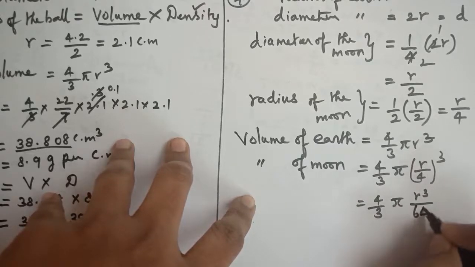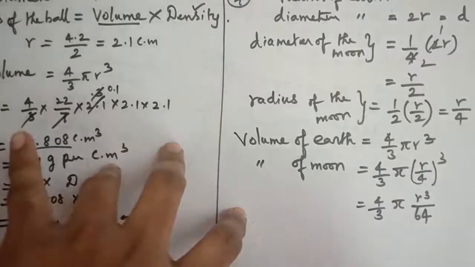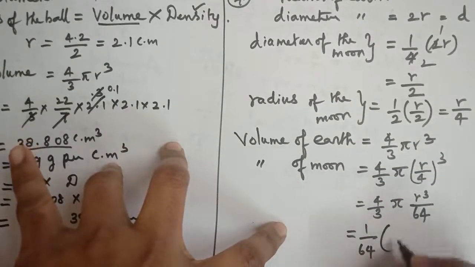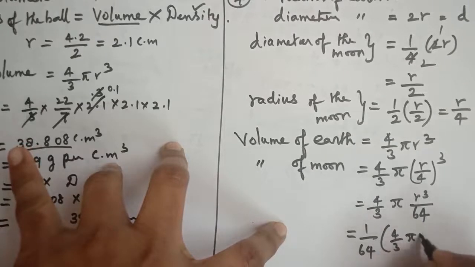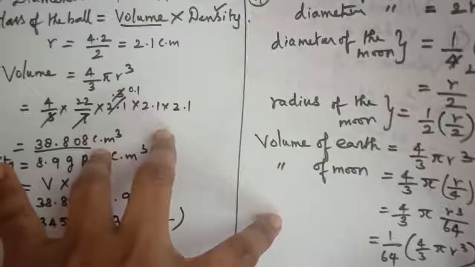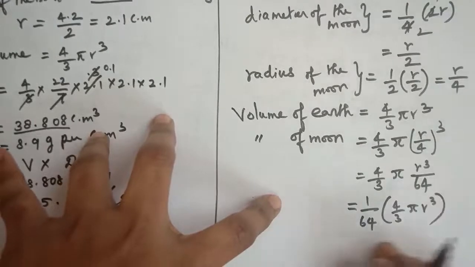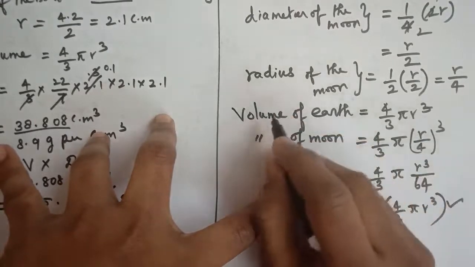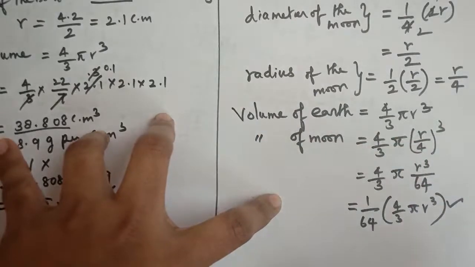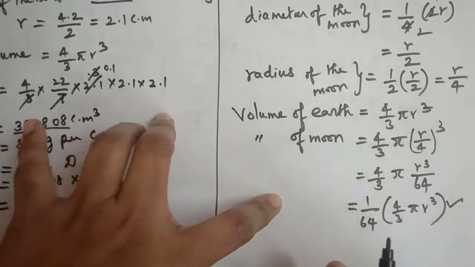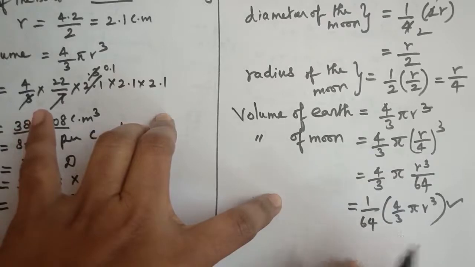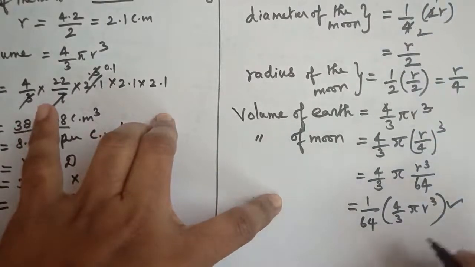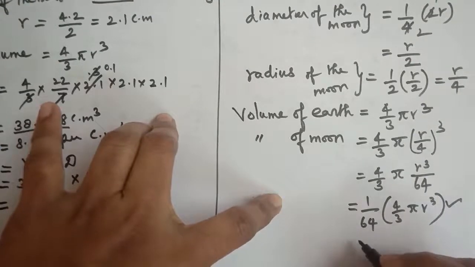So this is 1/64 of 4/3 pi r cube, and 4/3 pi r cube is the volume of earth. Is it clear? So hence we can say the volume of the moon is 1/64th fraction of the volume of the earth.